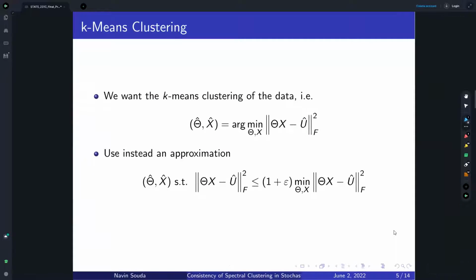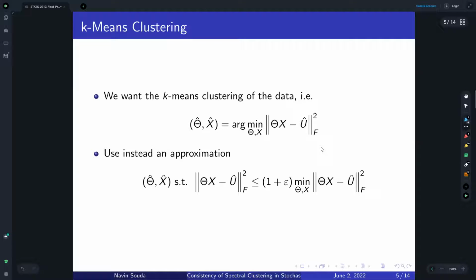So just as a quick aside, when we do cluster things, we have plenty of algorithms that we can choose from. But in this paper in particular, the authors are using a k-means clustering algorithm, which is a fairly classic thing to use. The idea is that we want to pick some membership matrix theta hat and these centroids X hat, which minimize this Frobenius norm here.